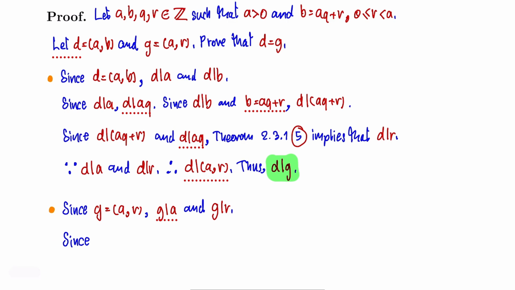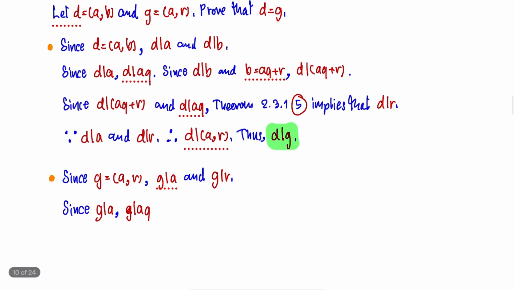I want to show that g divides b. Right now we have g divides a. So since g divides a, g divides aq, right?